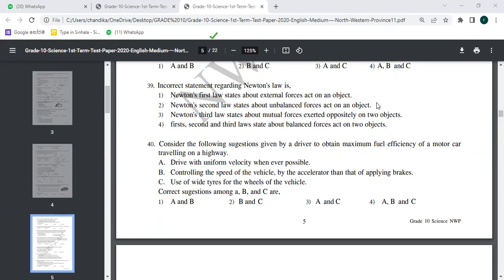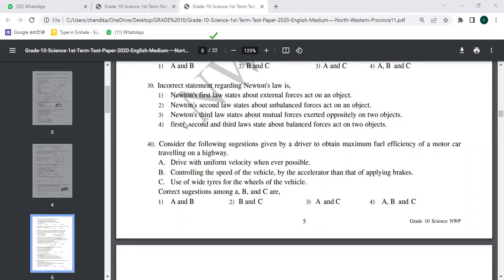The second law says, when there is an unbalanced force acting on an object, no. Unbalanced force is an external force. So Newton's first law states not about external forces. The first law says that when there are no external forces, so Newton's first law says not about external forces.